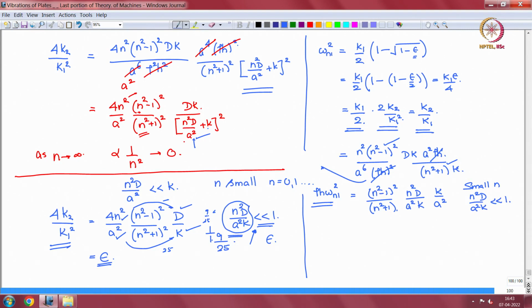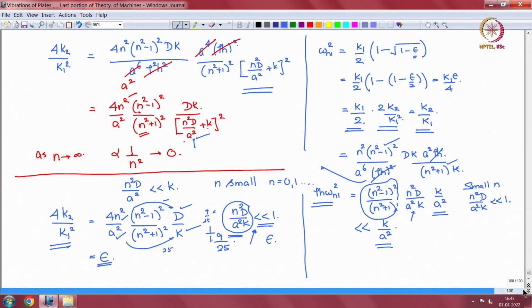So for such a situation, this is much less than k by a square. This is a small number, so it will bring down this number. So this is much less than k by a square.